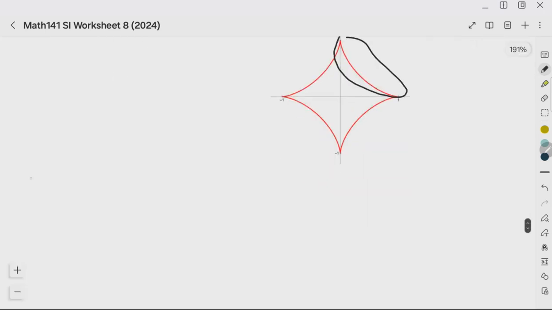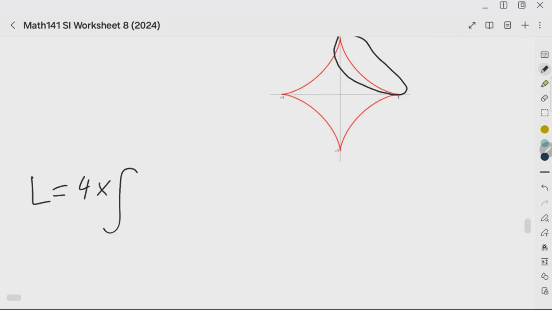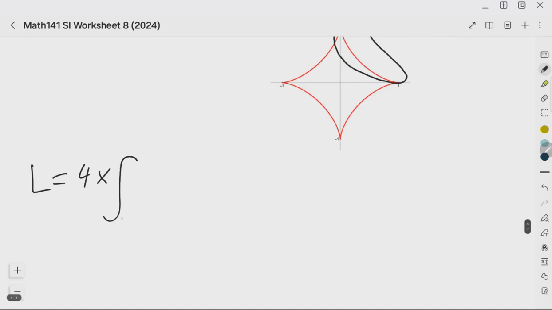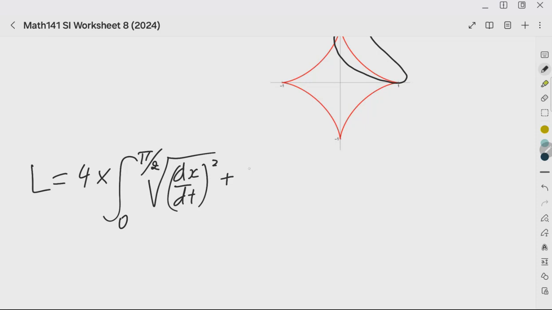In other words, our formula for length will be 4 multiplied by our integral. First quadrant means that we're going from 0 to pi over 2 of the square root of dx dt squared plus dy dt squared dt. All right.